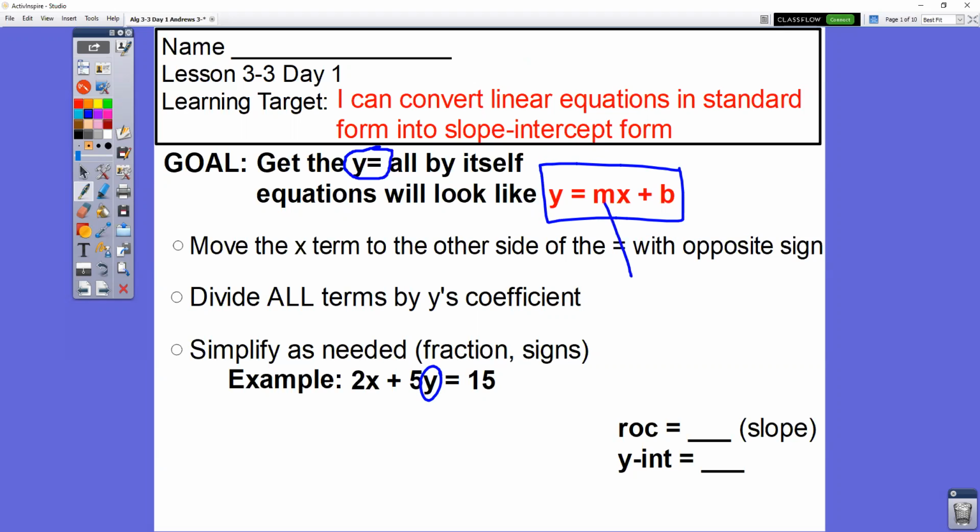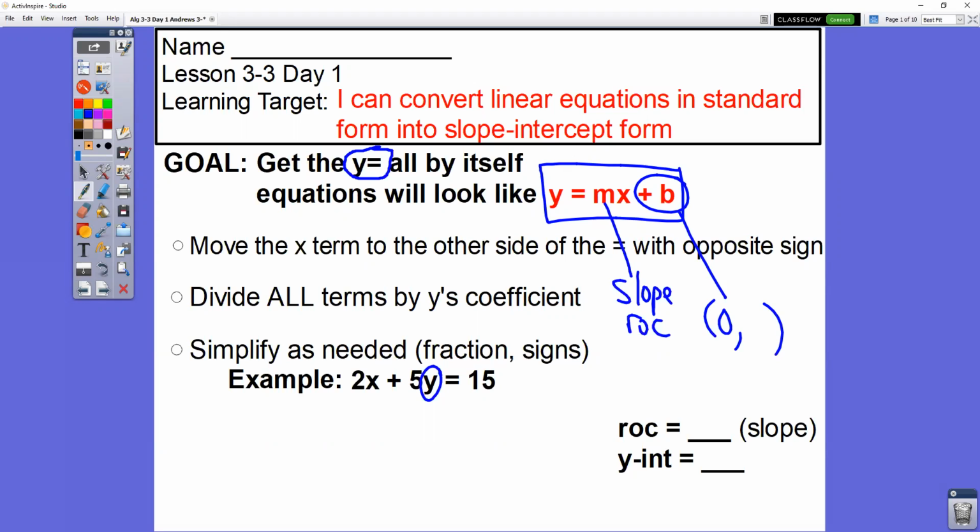Your m is your slope, also called the rate of change. Your y-intercept is your plus b. The y-intercept is really written 0, comma, and then whatever that b value is. If it's a plus b, this would be a positive number inside the parentheses. If this was a minus b, this would be a negative number inside the parentheses with the 0.